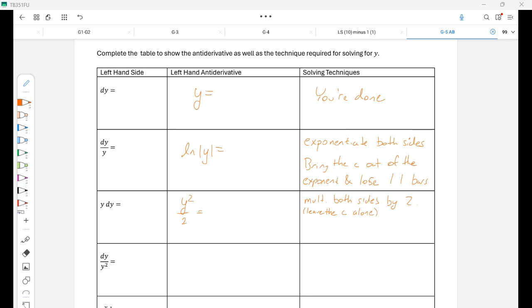And then you've got y squared equals, so you have to square root both sides. And you need a plus or minus in front of that square root. But don't forget plus or minus.